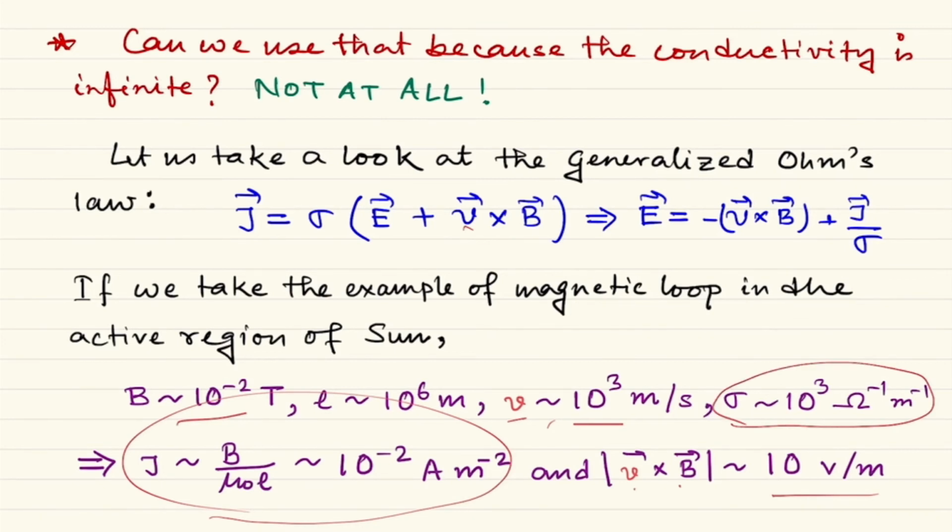Now you see, if J is not very small, let's say J is of the order of 10 ampere per meter square, then J by sigma will simply be 0.1. Then we cannot say that the J by sigma ratio is negligibly small with respect to this one, because this is 10 and this was 0.1, so it's just 1 by 100.